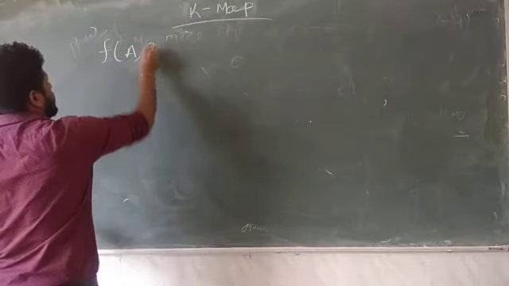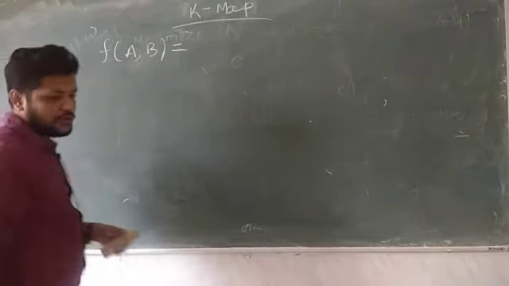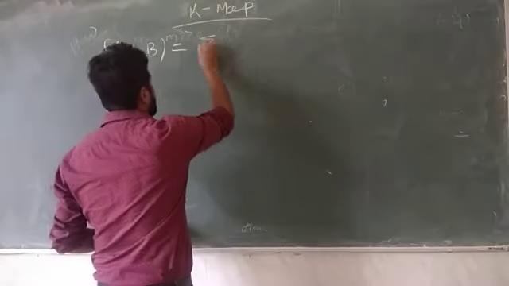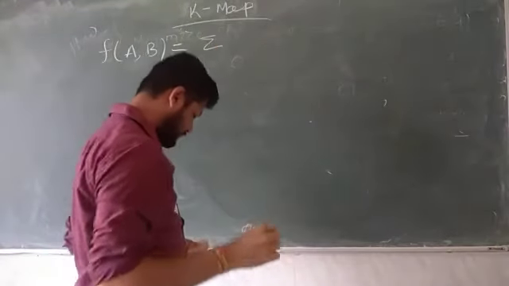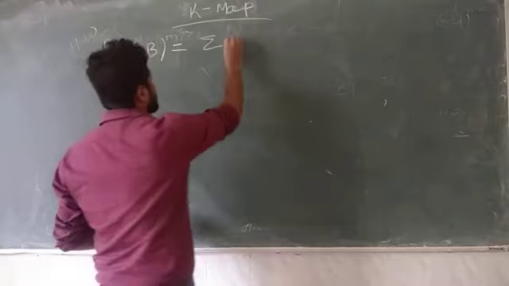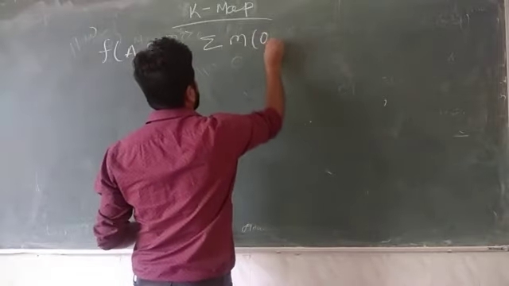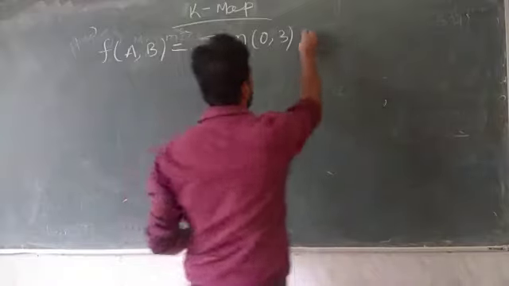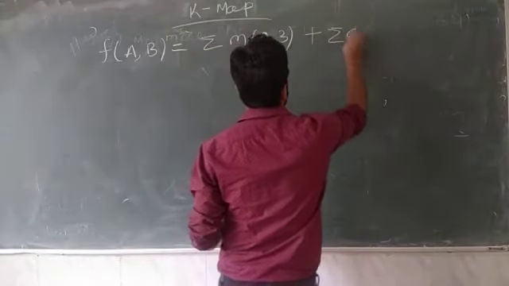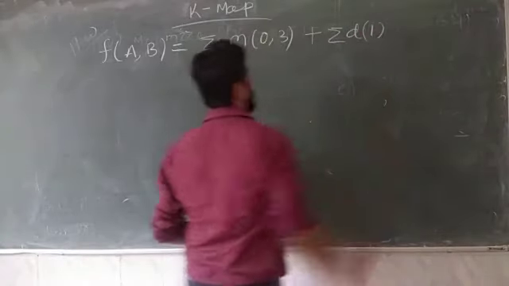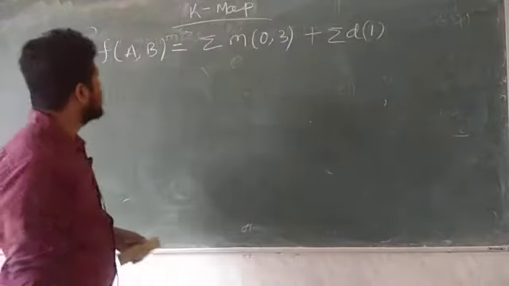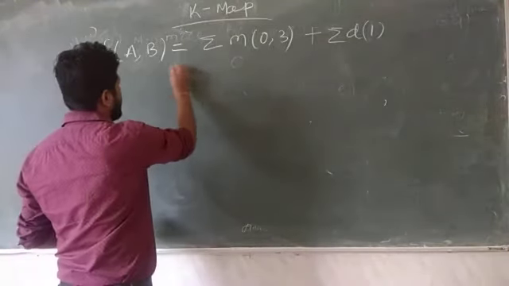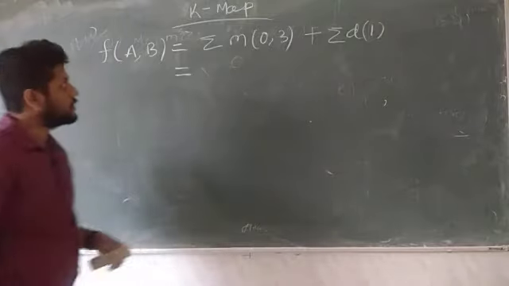Again the question is the same, minimize the expression f of AB, which is equal to summation of m 0, 3, plus summation of don't care, that is d 1. How to solve this question?